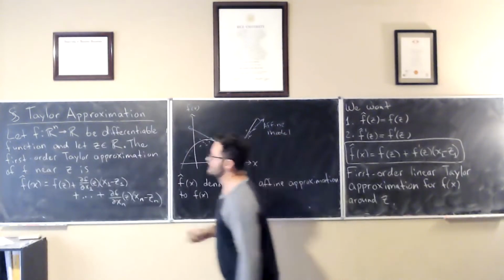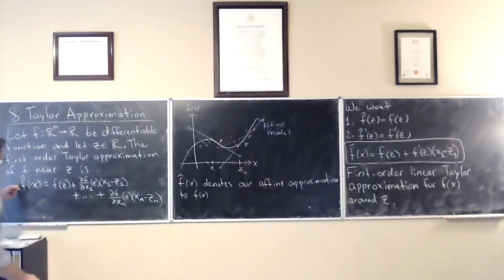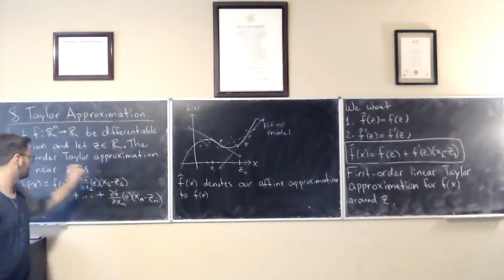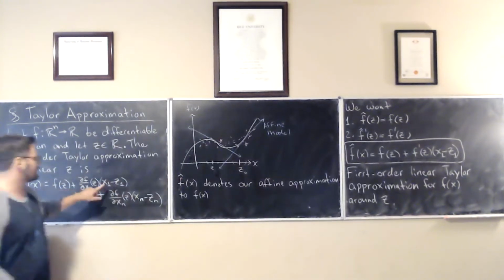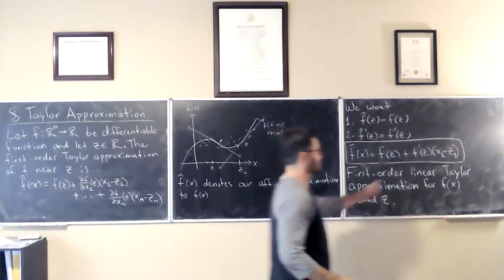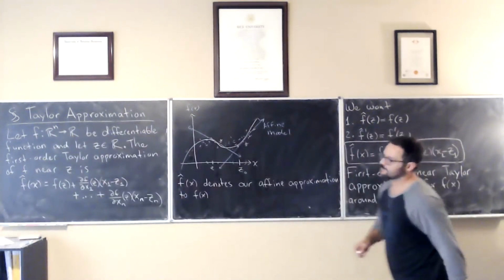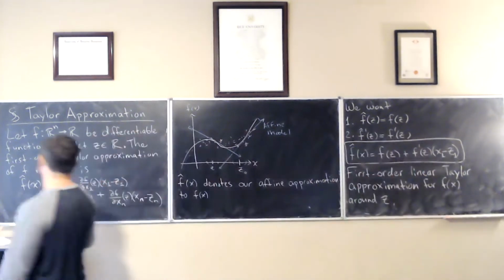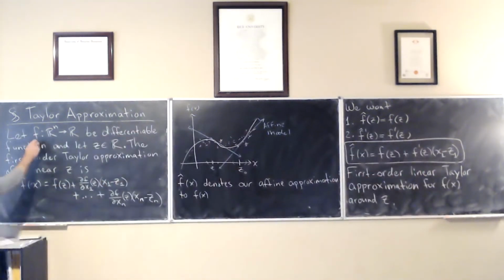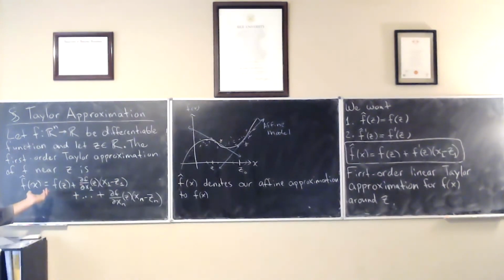And then the partial derivatives of this function will match up with this because everything else will be zeroed out except for the one in question, because of how we've designed it, just like we did over here. So the gradient at z is the same for this function, and the function's values at z are the same. So this is the general approximation, just like the one variable approximation over there.